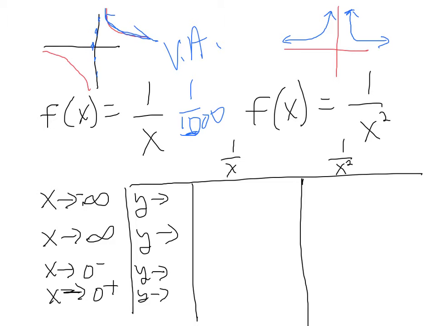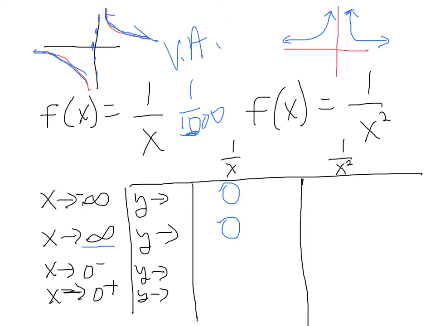So down here in my little table, I shouldn't be writing infinity. I should be writing 0, shouldn't I? y approaches 0 as x approaches infinity. And as I approach negative infinity, I'm also closing in on 0 just from the lower side, so it's still 0.